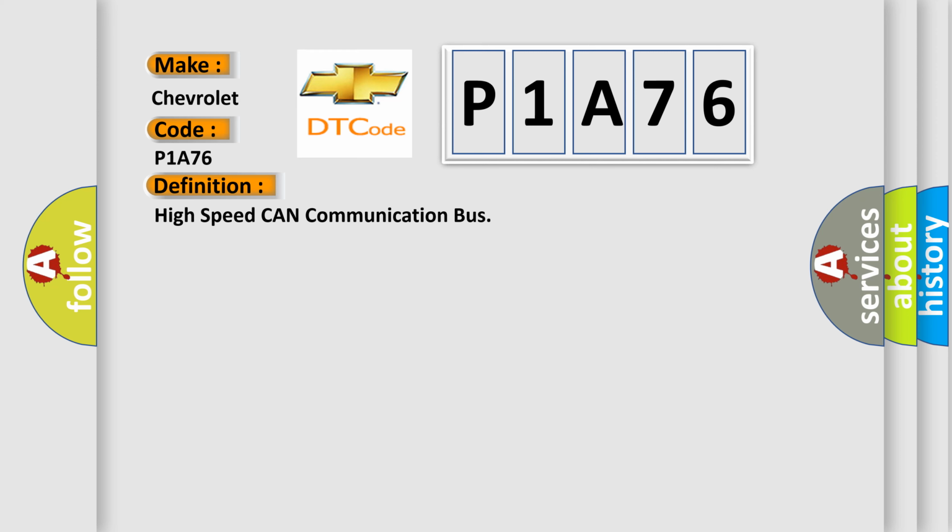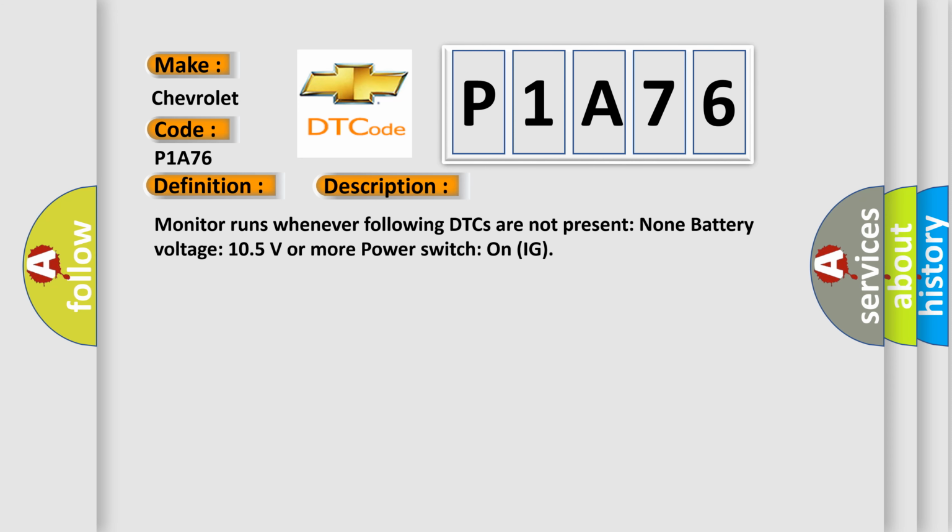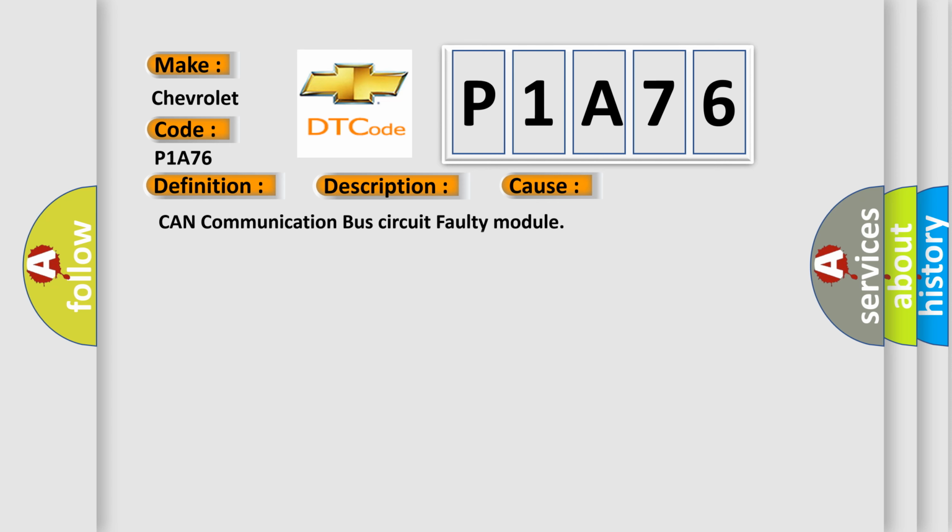And now this is a short description of this DTC code. Monitor runs whenever the following DTCs are not present: none, battery voltage 10.5 volts or more, power switch on IG. This diagnostic error occurs most often in these cases: CAN communication bus circuit, faulty module.